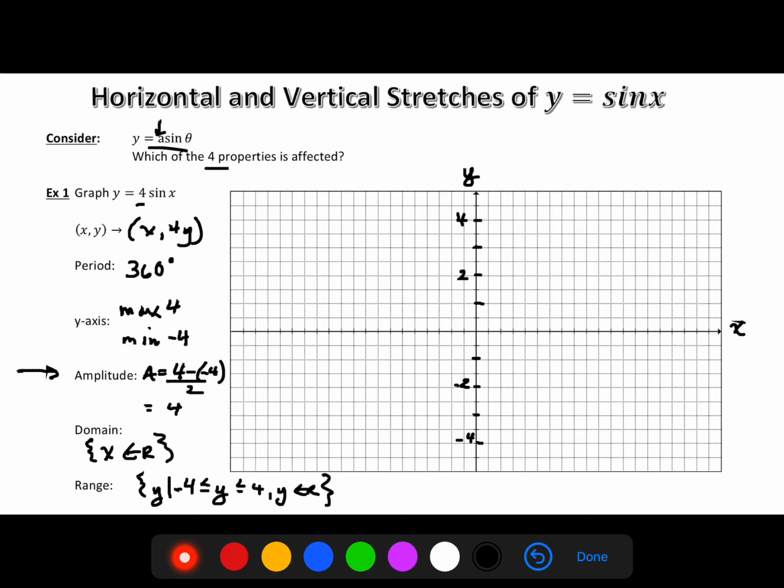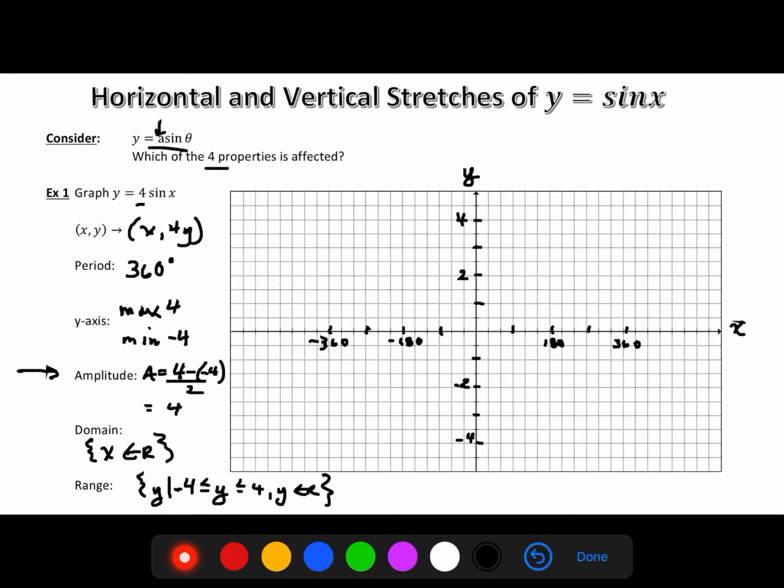Our period hasn't changed. Same into our negatives, and again, making it easy to graph our key points.